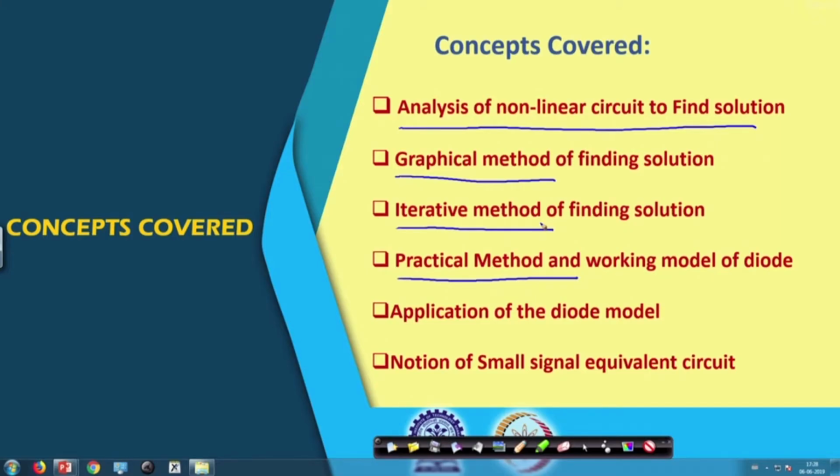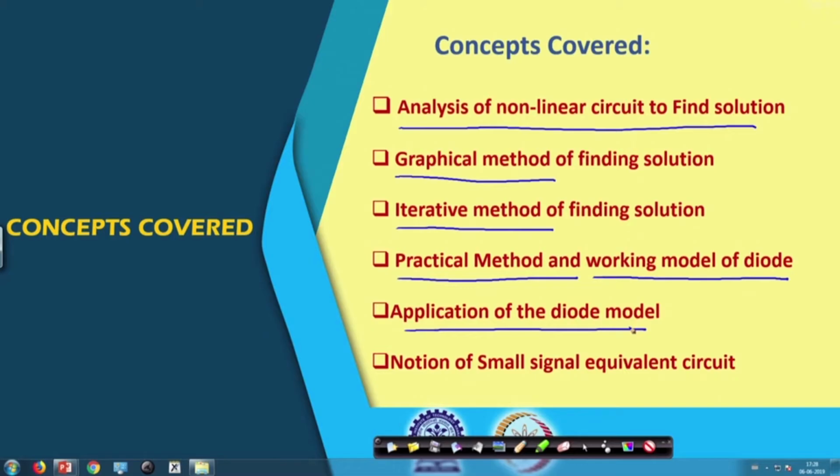Then we need some practical method and a working model of the diode, which can be used to solve the circuit equations to find a reasonably accurate solution. And that working model, today we will see how it can be deployed for different examples.